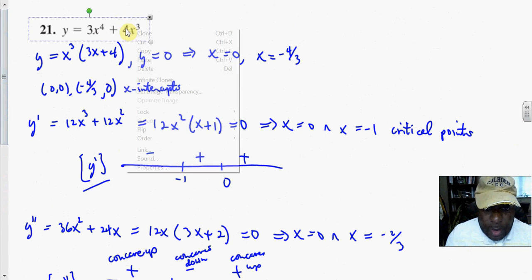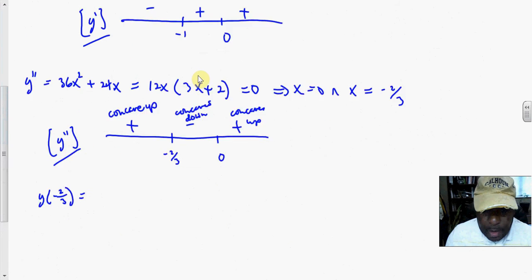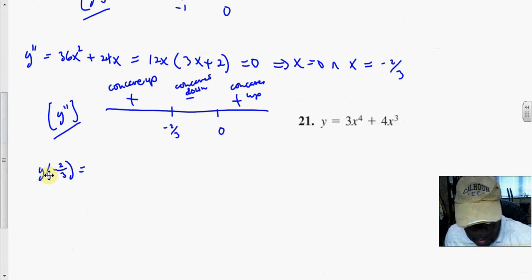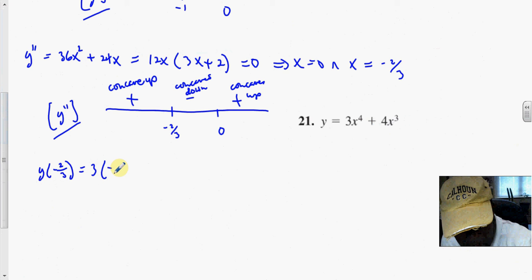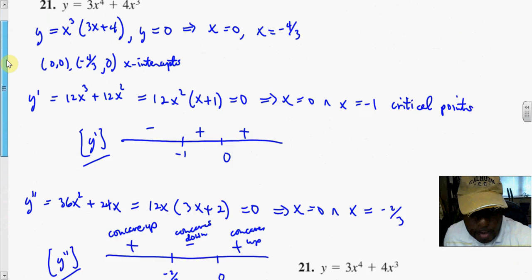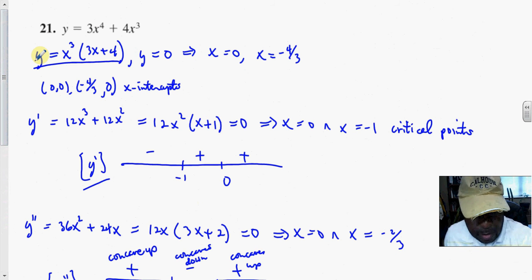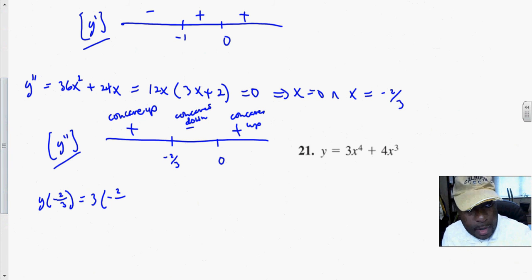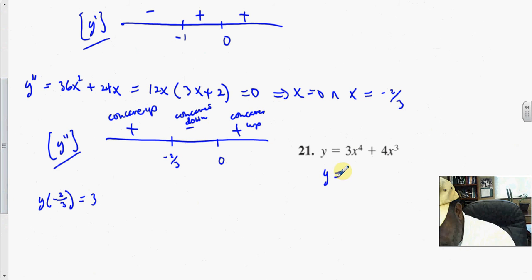I need this guy. So we plug in that, so we get 3 times negative 2 over, I think there was an easier one. Ah, I need this. Most of it is worked out for us, right? Let's use that. This is y is equal to x to the third times 3x plus 4.